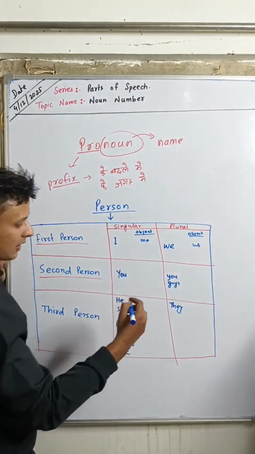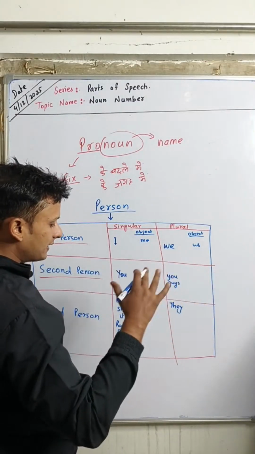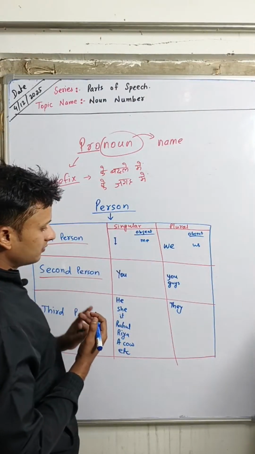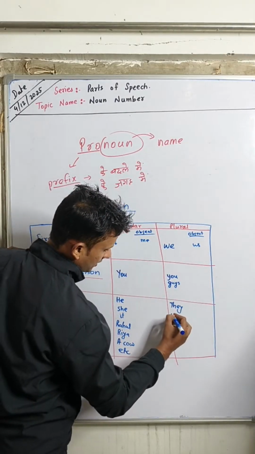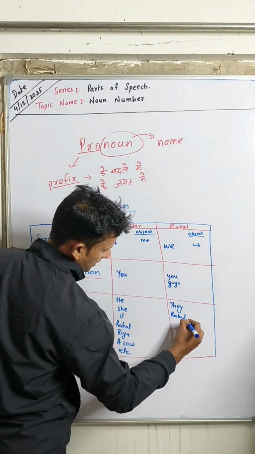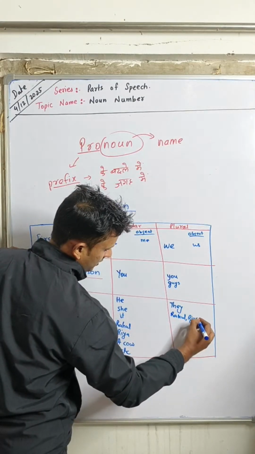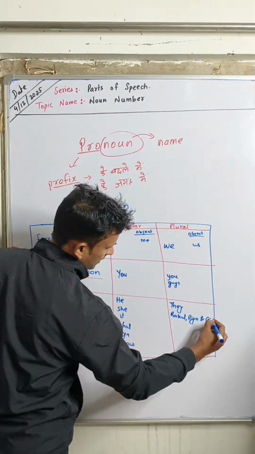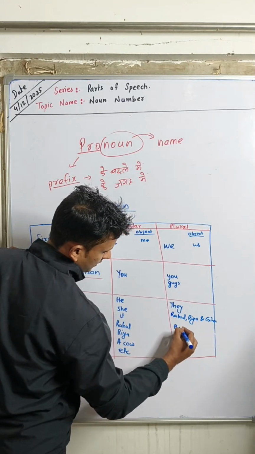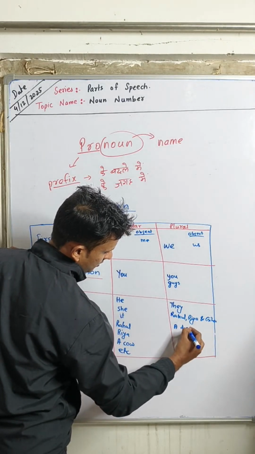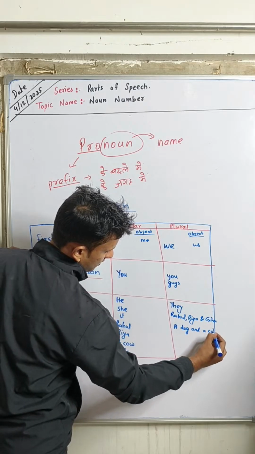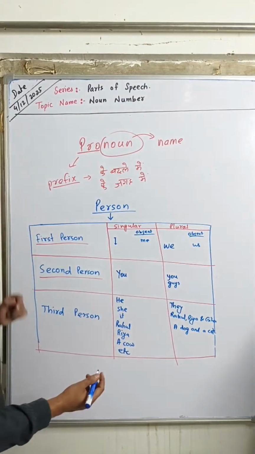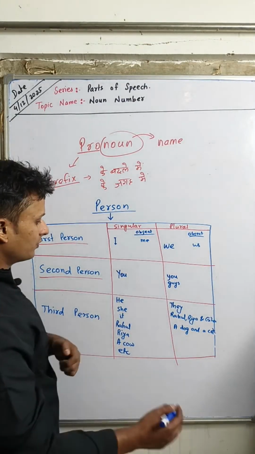And if you use nouns, take any names, more than one, like two, three, four: Rahul, Ria, and Geeta, a dog and a cat, right? So these will be considered as third person plurals.